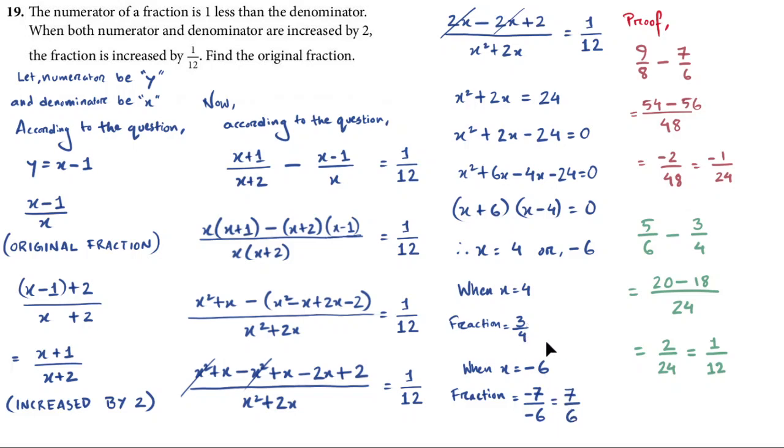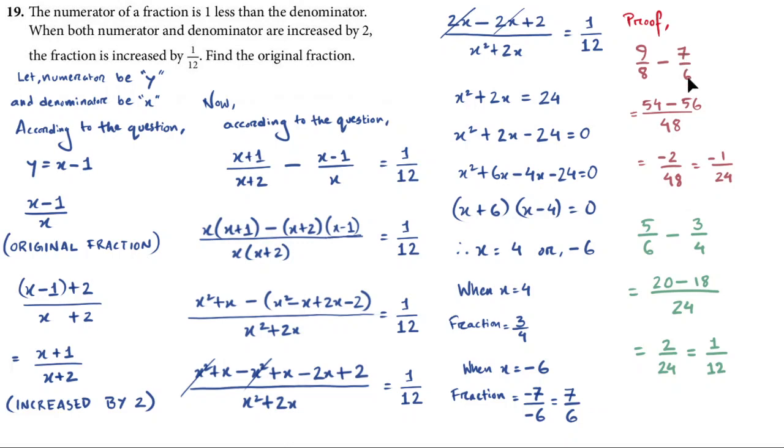The reason is we need to check whether, if both the numerators and both the denominators are increased by 2, and then if we subtract the original fraction, will it give the result 1 by 12 or not? So let's first do this bit, which is 7 by 6.